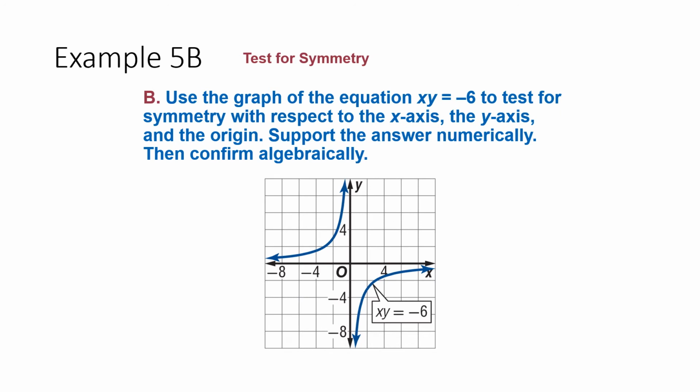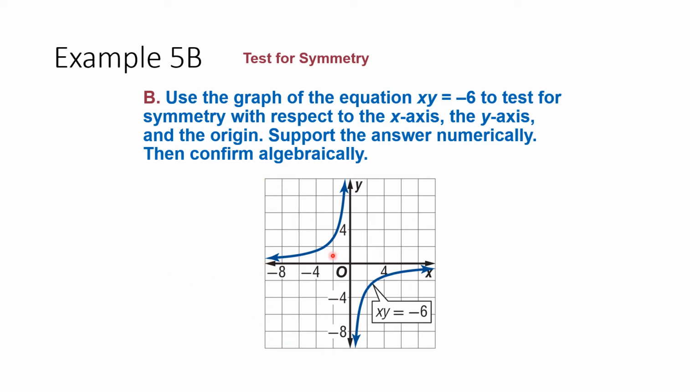So for this question, example 5b, it says use the graph of the equation xy equals -6 to test the symmetry with respect to the x-axis, y-axis, and the origin. Support the answer numerically, then confirm it algebraically. So let's take a look at the graph. Is it symmetric about the y-axis? Is the y-axis the mirror?